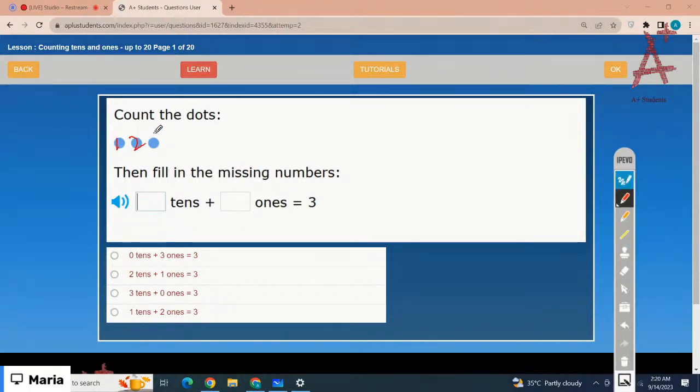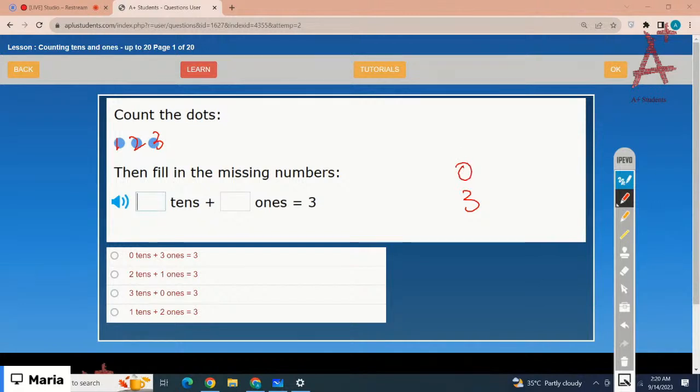1, 2, 3. You have just 3 dots, right? So, which is the position of 3? Is 3 at the tens or ones? Which is the correct option? You don't have any other digit on the right and left of 3, right? 3 is the only one digit.